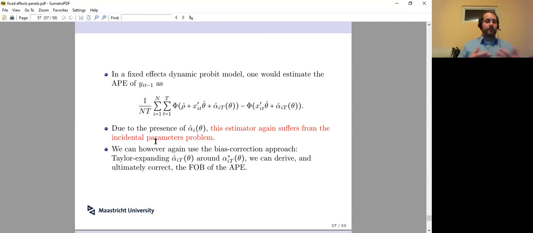However, we have learned already how to fix that. We do some expansions and we try to get this alpha hat closer to the target value. If we plug in the target value here, everything is perfect again. So if we can get close to the target value, we are doing fine. And so there are also bias corrections for the APE.